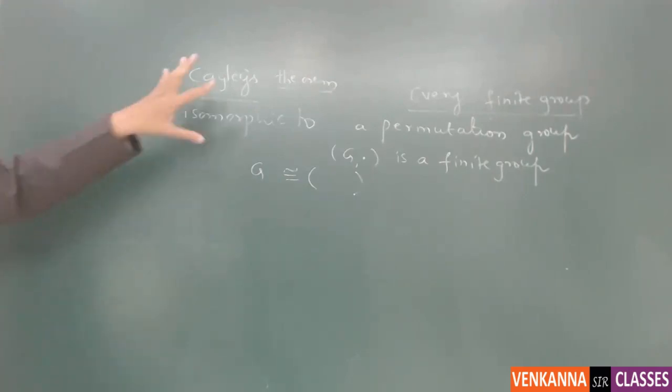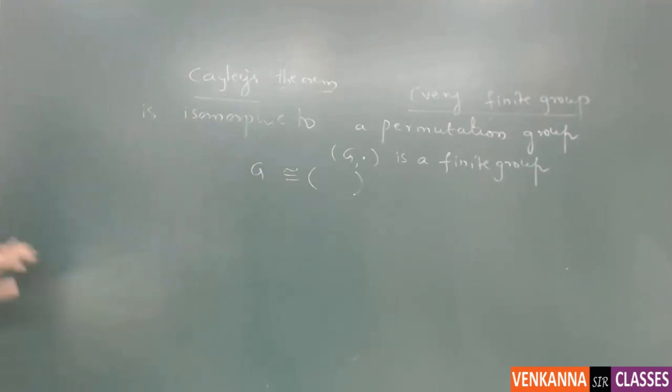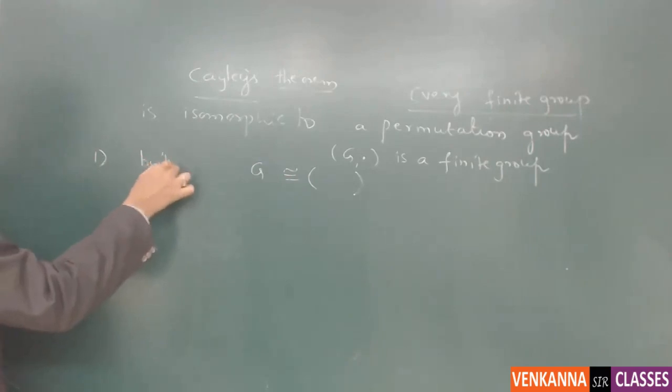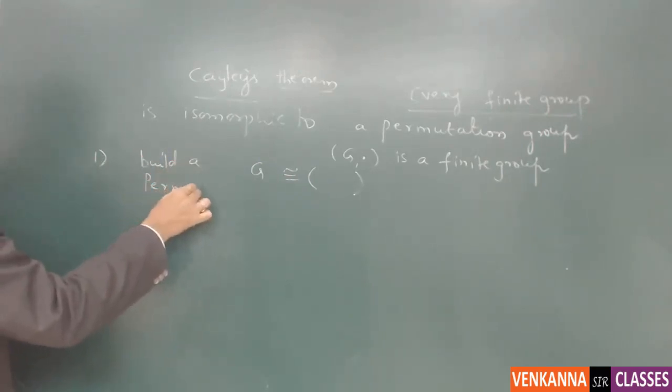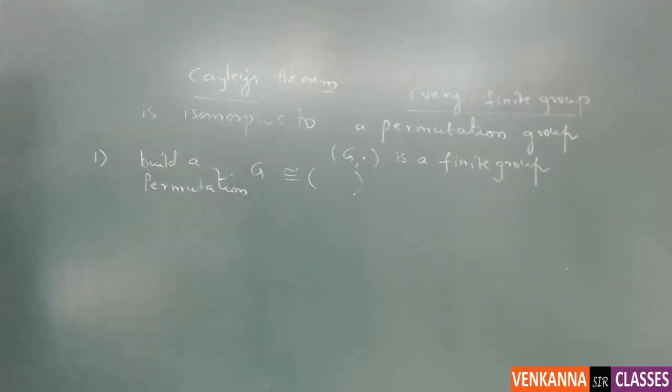Now, the whole procedure will be simplified in 3 steps. Step 1, whenever a group is there, first of all, I need to build a permutation. So for every group, immediately I should be able to build permutations.